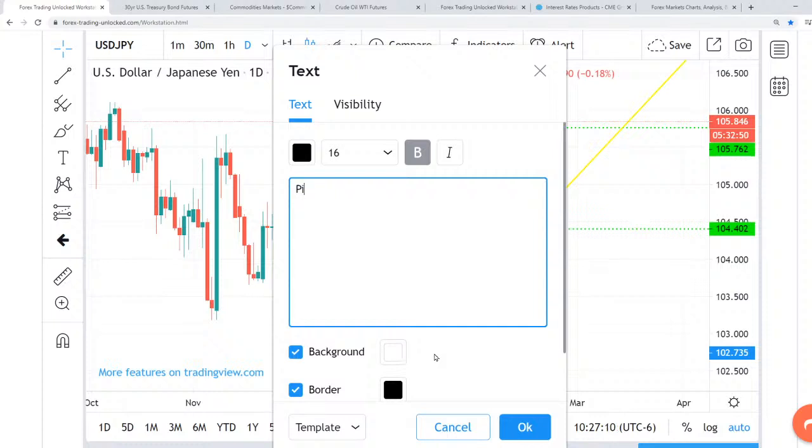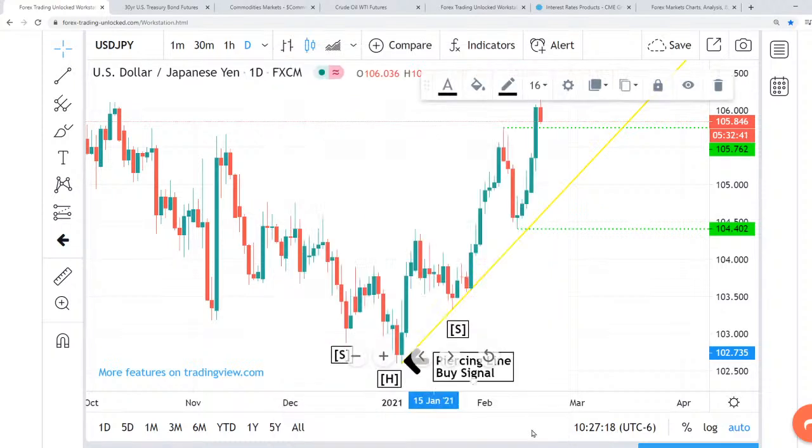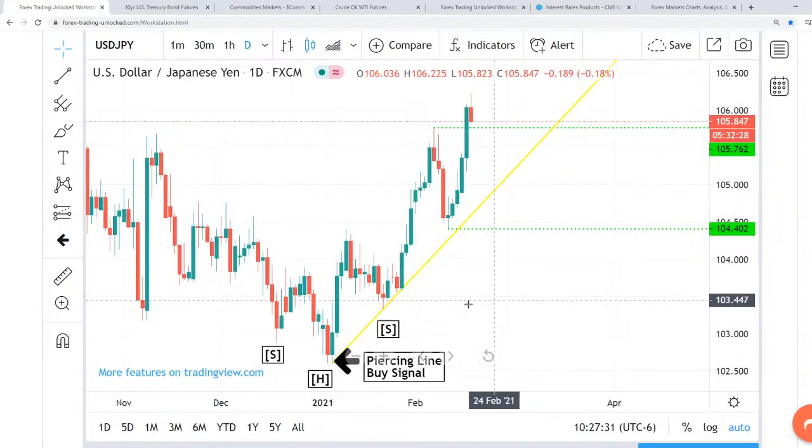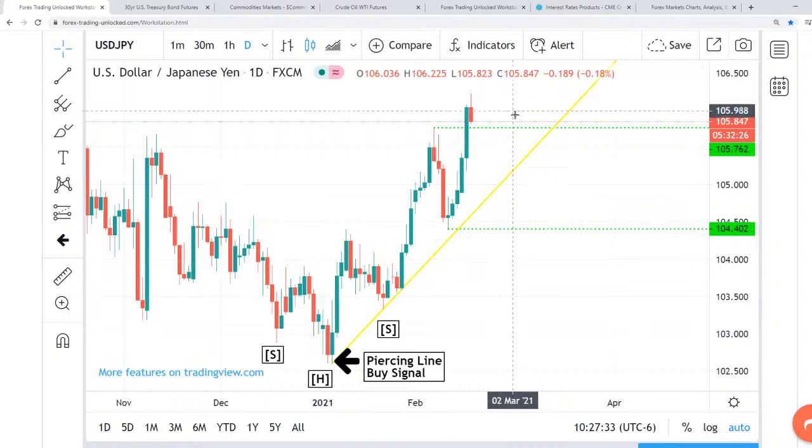Okay, so piercing line, buy signal. A piercing line is another high probable Japanese candlestick pattern. So this set off the head, which started this rally here. Then we came back, we made this higher move low, which is the second shoulder of the head and shoulders, and then it helped propel us up to here.